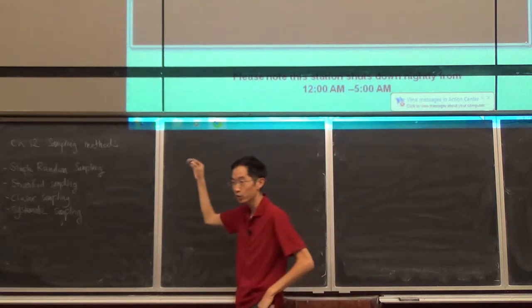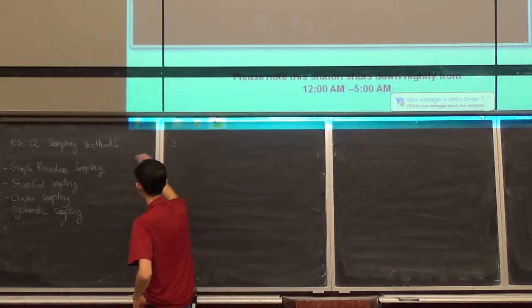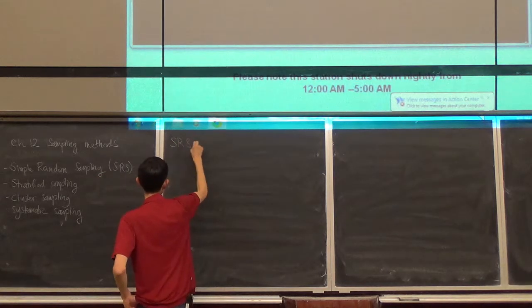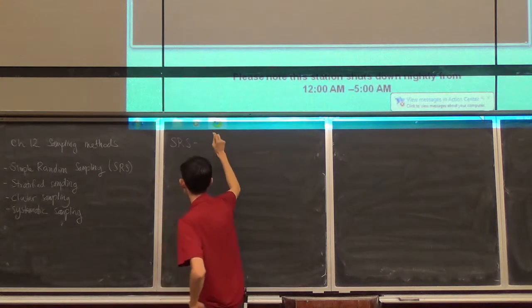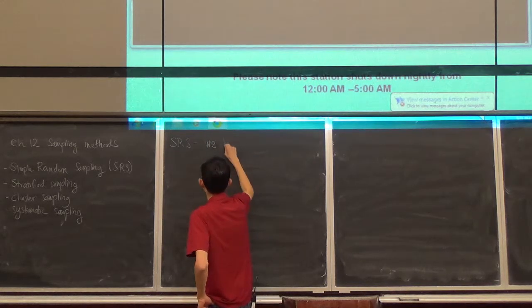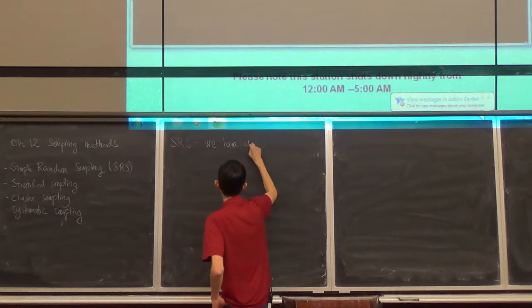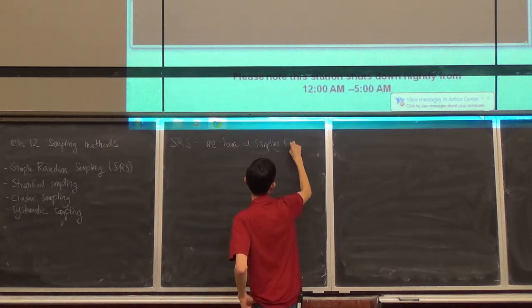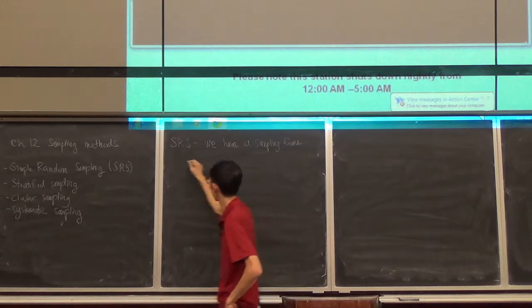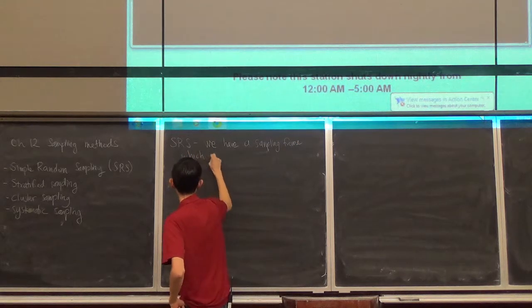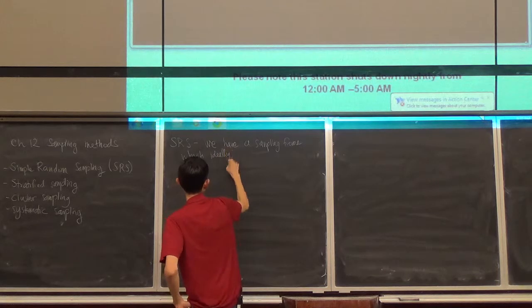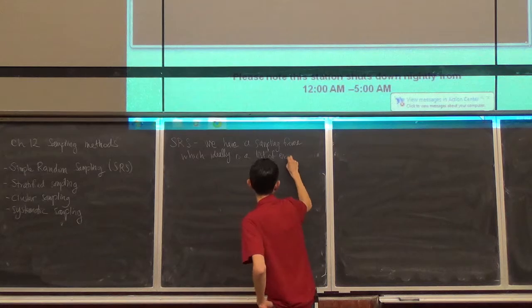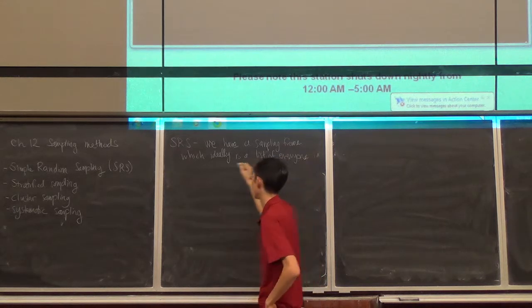Let's talk about each one, okay? So simple random sampling, I'm just going to abbreviate as SRS. This means we have something called a sampling frame, which ideally is a list of everyone in the population.